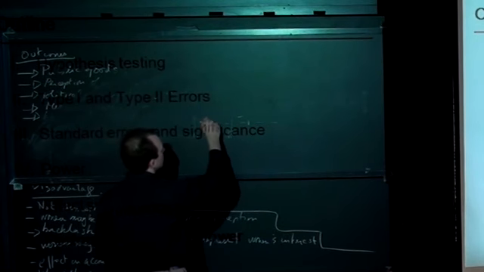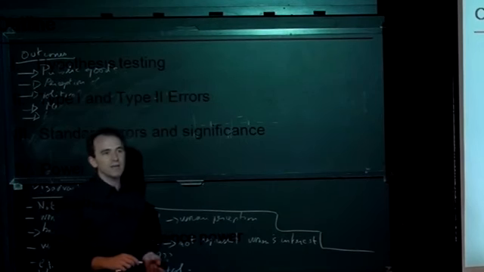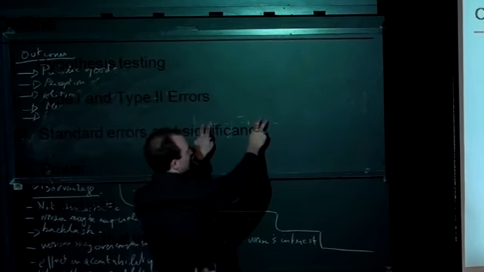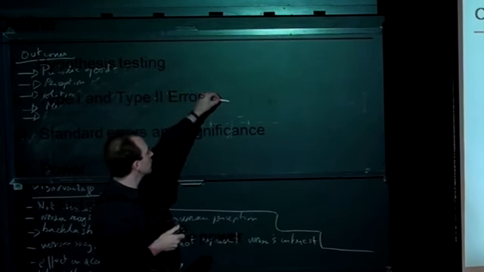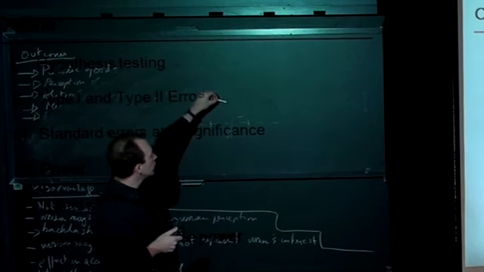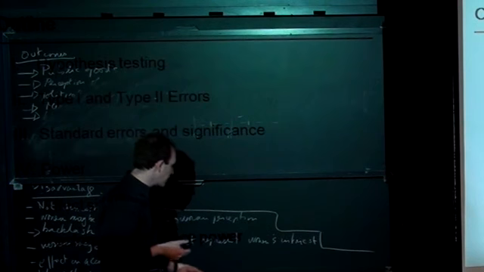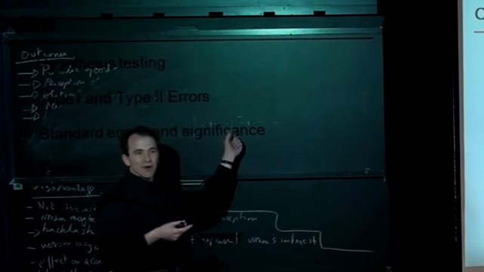But in fact, there's a distribution of where your estimates are likely to be. And when we said it was a 95% confidence interval, that's because the probability of being in this range is 95%. But this says you're most likely to be right here, but there's some probability you're over here. You're much more likely to be near beta than not. It's not that you're equally likely to be anywhere in your confidence interval. You're most likely to be right near your point estimate.